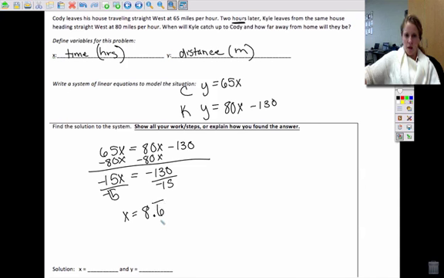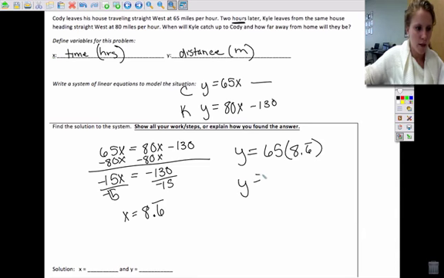Okay. Then if we use that to plug in, and we're going to get some estimates because we're just going to use decimals here. If we plug that in to, let's say, Cody's, so y is going to equal 65 times 8.6 repeating.